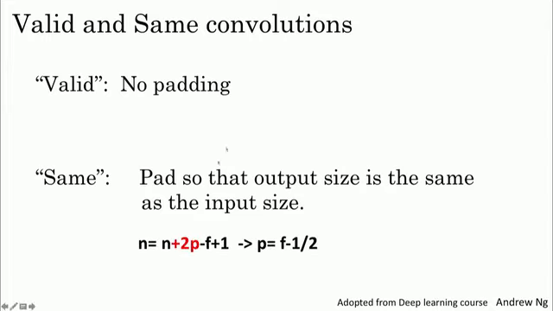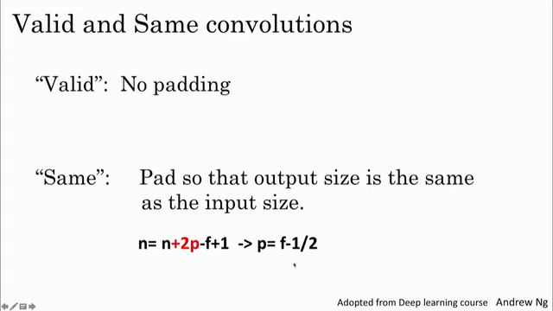As I said, the output size is n plus 2p, where p is the size of the padding, minus f plus 1, and the size of the input is n. So if you want the size of the output to be the same as the size of the input, the size of the padding will be (f minus 1) over 2, where f is the size of the filter.